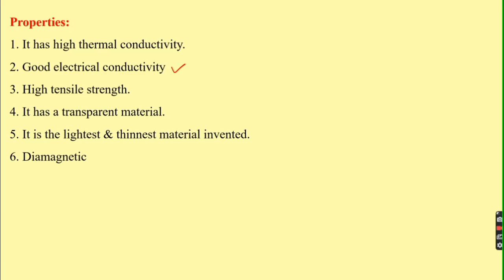Graphene also has great optical properties. Along with this, you can observe mechanical properties: it is a transparent material with high tensile strength. It is the lightest and thinnest material invented under nanomaterials, and it possesses high thermal conductivity.